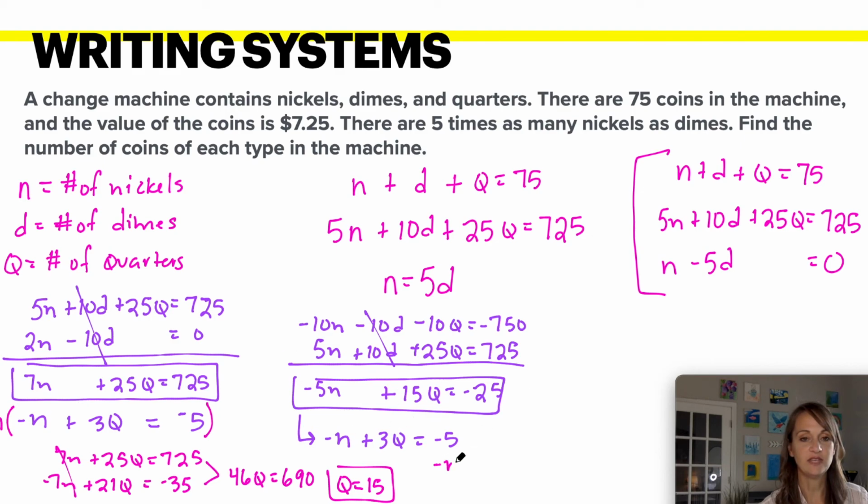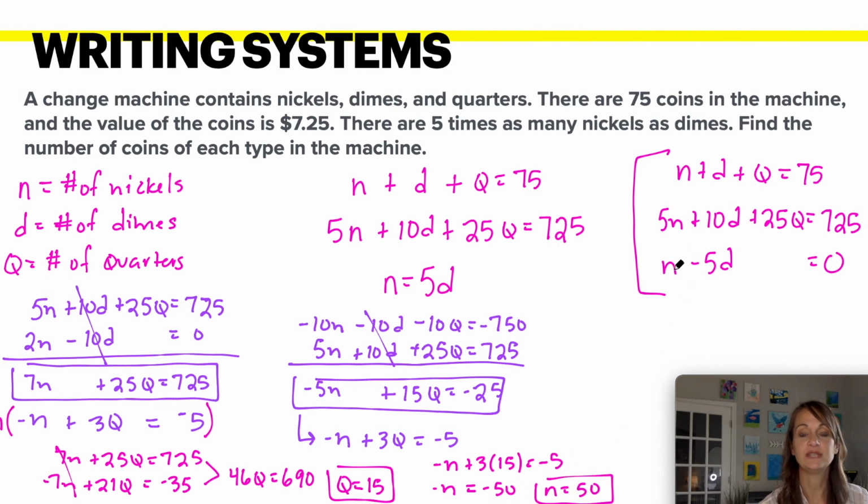So negative n plus 3q equals negative 5. 3 times 15 is 45, and I subtract 45 and I'll get negative 50. So n equals 50.